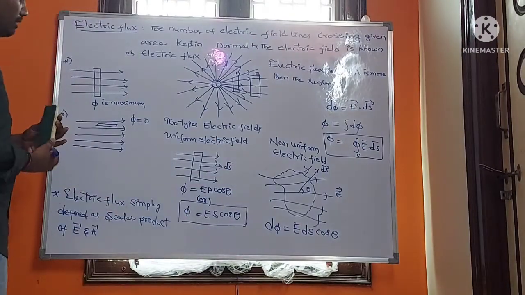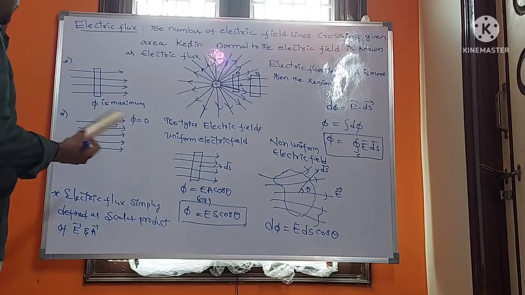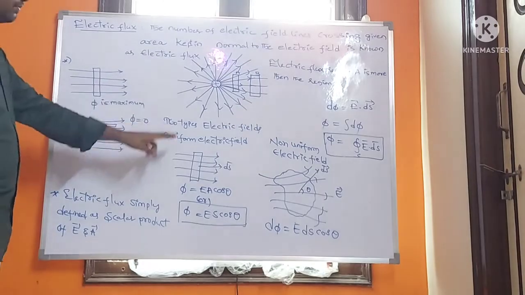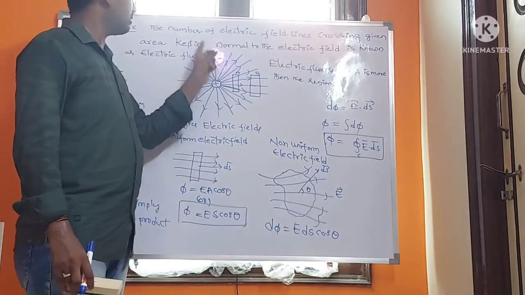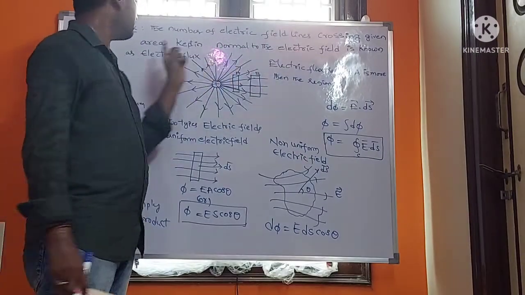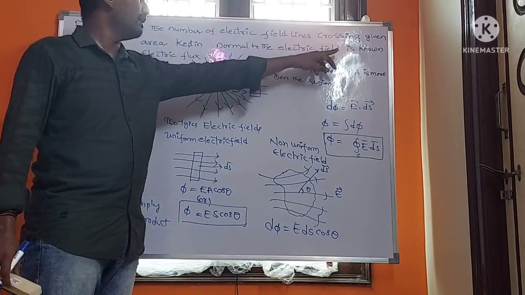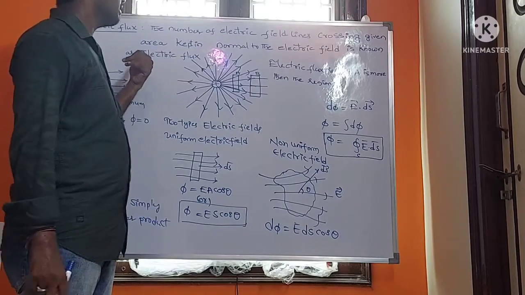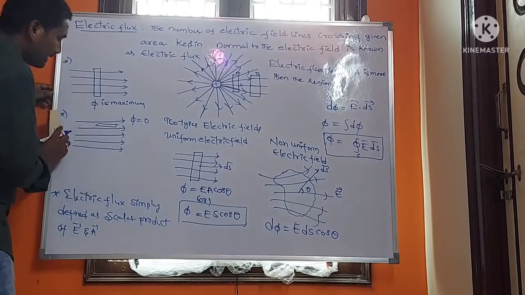Okay, do you understand? Electric flux, as already explained, is the number of electric field lines crossing a given area kept normal to the electric field. What is the use of electric flux?